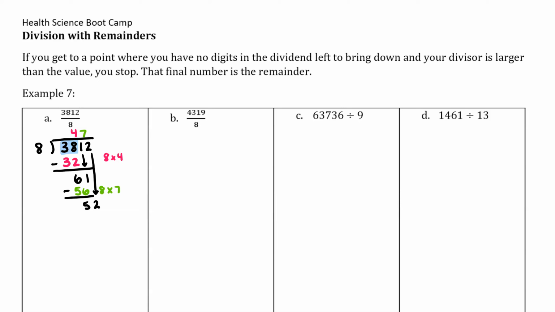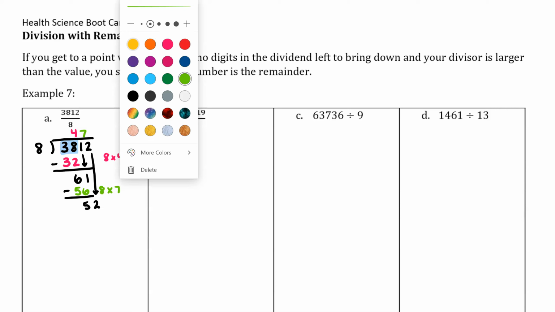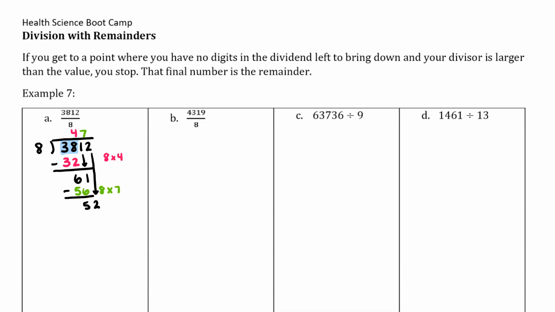So what can I times 8 by to get close to 52? Well, if I did 8 times 6, that makes 48. And then 8 times 7 is too big. That was 56. So 8 times 6.